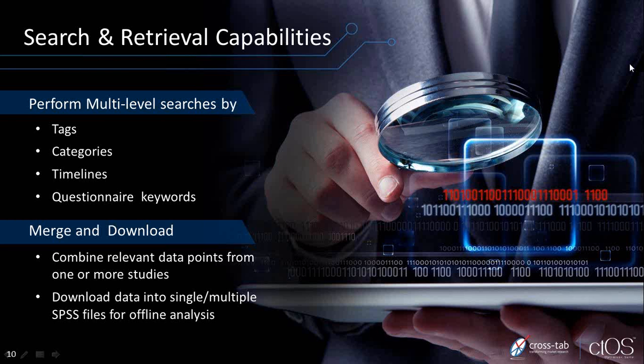We can search by the names of the data sets, by the tags, by the timelines. It can even be the questionnaire keywords. So even if you want to find which question has been asked in what study, just search by brand, or by some answer text. You can do that by entering those keywords in the search interface.